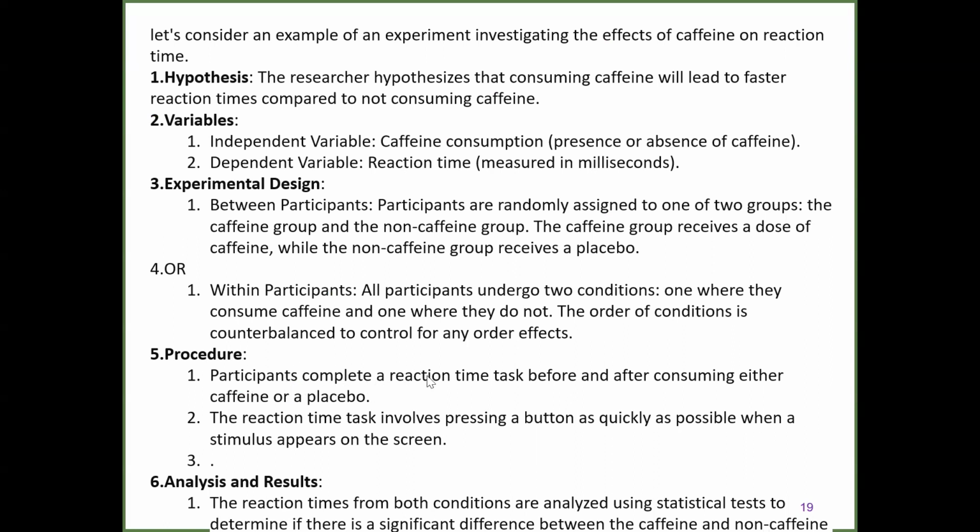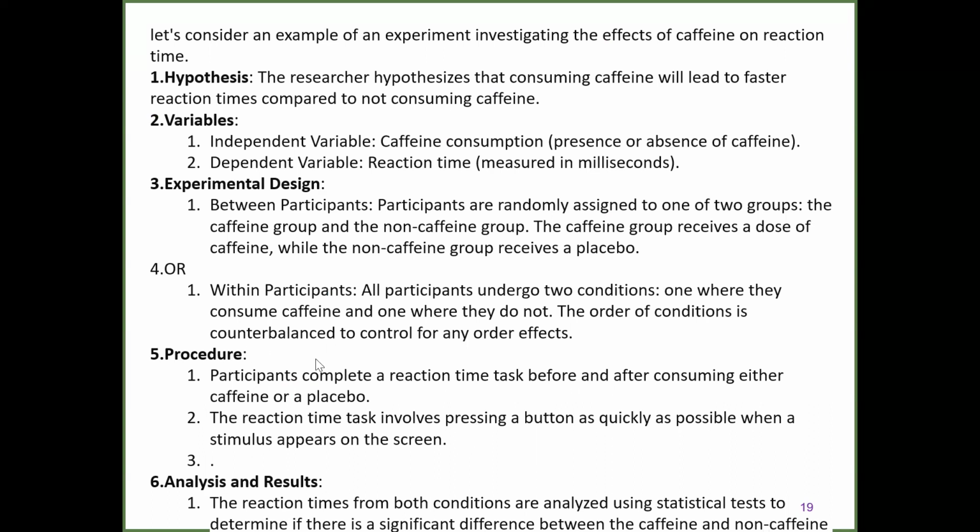Procedure. Participants complete a reaction time task before and after consuming either coffee or a non-coffee drink. For example, the reaction time is recorded. That could be simply pressing a button as quickly as possible when the stimulus appears on the screen.